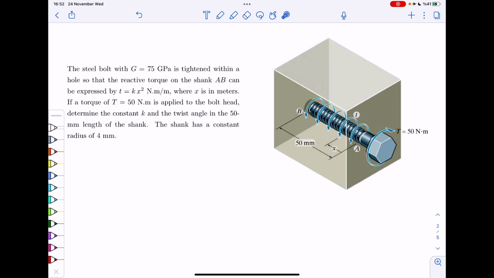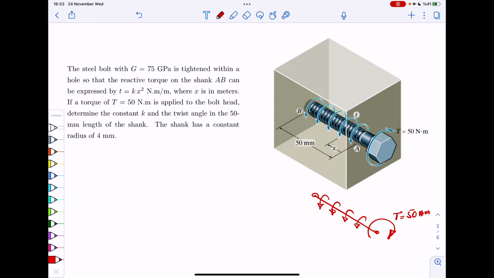So let's begin with the external system. All right, so if you look at this system, let's say this is our bolt, and at this end, you have the torque of 50 Newton meter. And then you have these little opposite torques, or the distribution in this fashion.